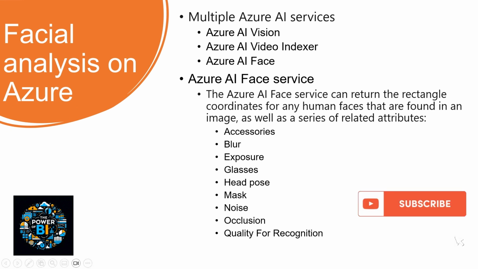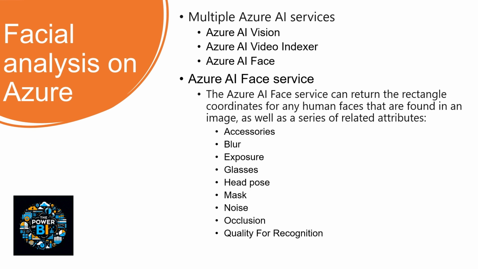Other attributes include head pose, glasses, masks, and noise, which refers to visual noise in the image. If you have taken a photo in a darker setting, you will notice the image looks grainy or full of tiny dots that make the image less clear.